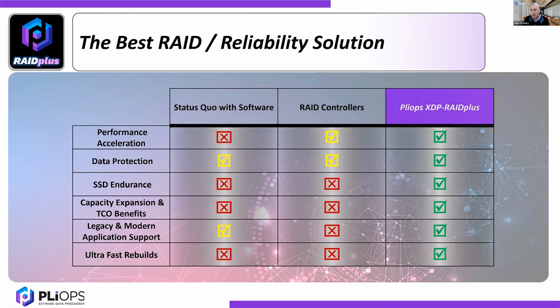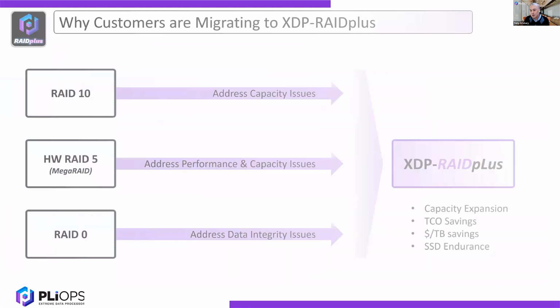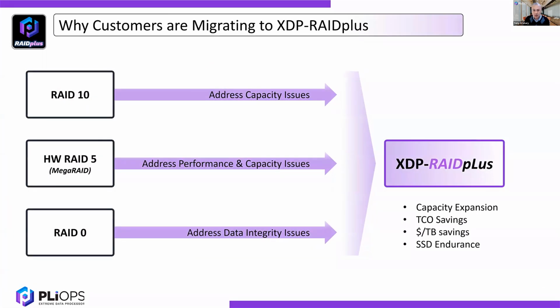And then finally, why are people migrating to XDP-RAIDplus? We have many customers that are using RAID 10 solutions with their databases, but essentially they're killing half their capacity. Hardware RAID 5 solutions like MegaRAID have performance and capacity issues that XDP-RAID addresses. And even RAID 0 has data integrity issues.